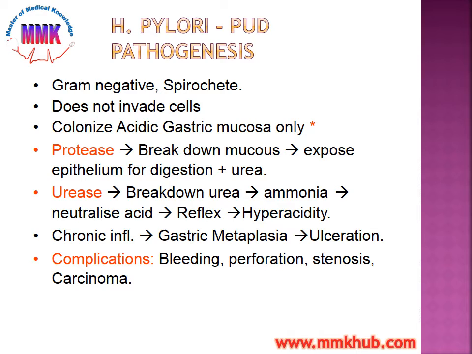Similarly, activation of urease leads to the breakdown of urea to ammonia. This ammonia neutralizes the acid of the stomach. There is then reflex hyperacidity of the stomach, which damages the mucosal epithelium.